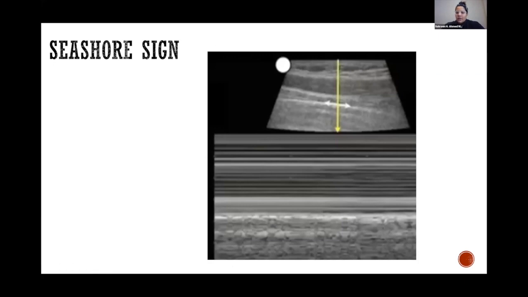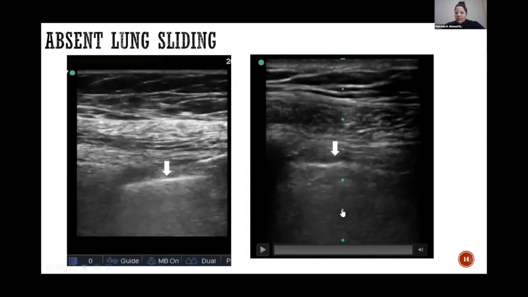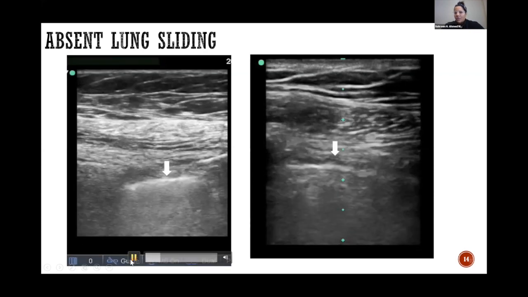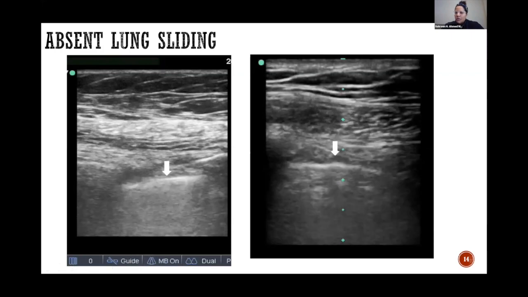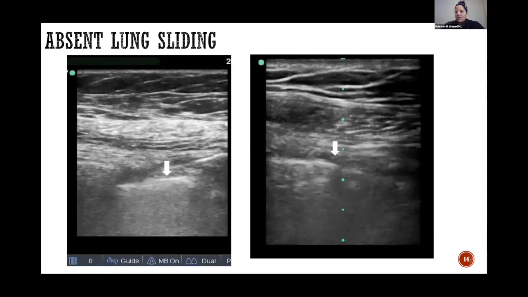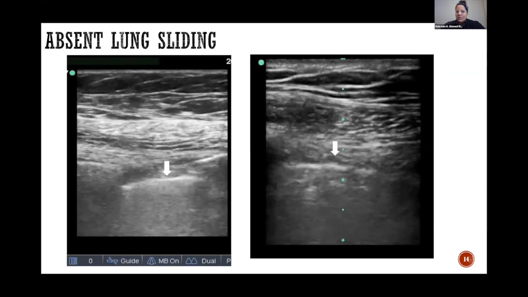In reality, I'll go back to this picture for just a second. In reality, these images are quite crisp that you're seeing. You might not get that in your real life patients. Although these are real images, we always choose the best images for teaching purposes so that you can really see good examples of what we're talking about.